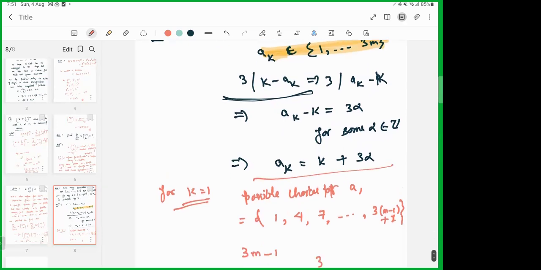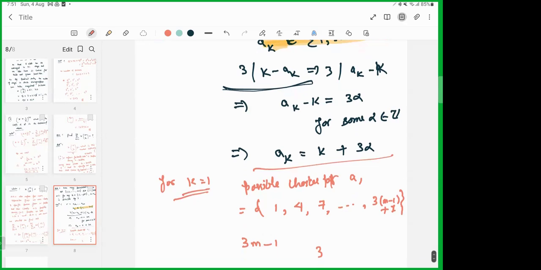Yes. If I add 1 to 3m minus 1, it becomes perfectly divisible by 3.